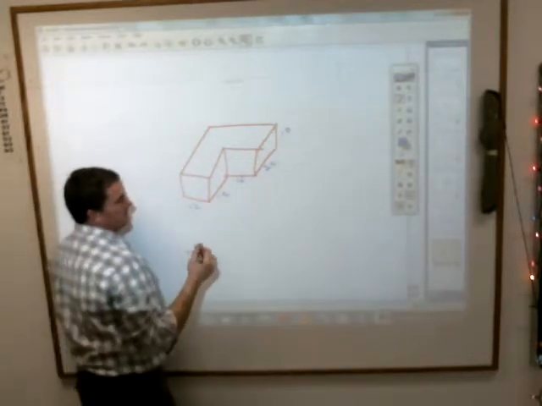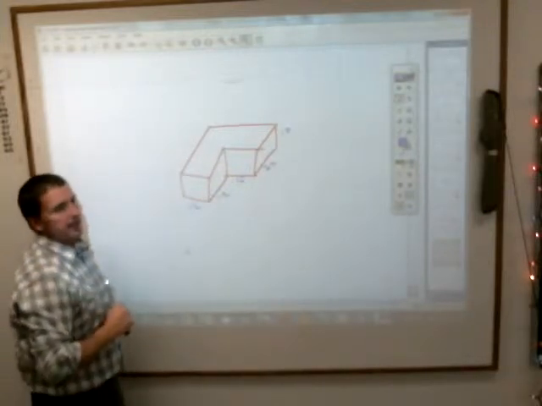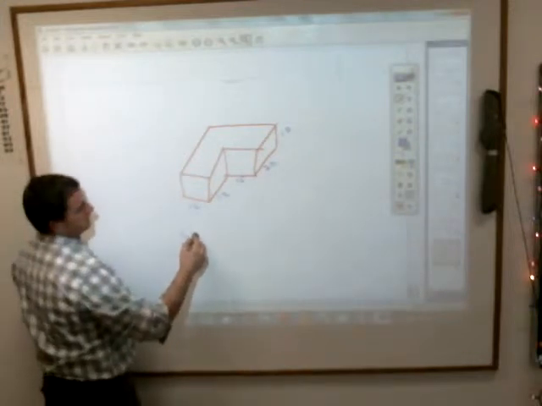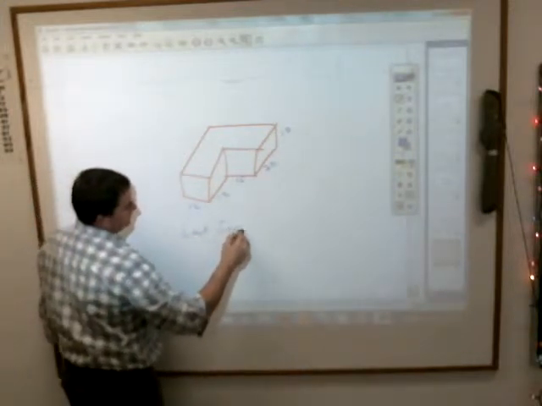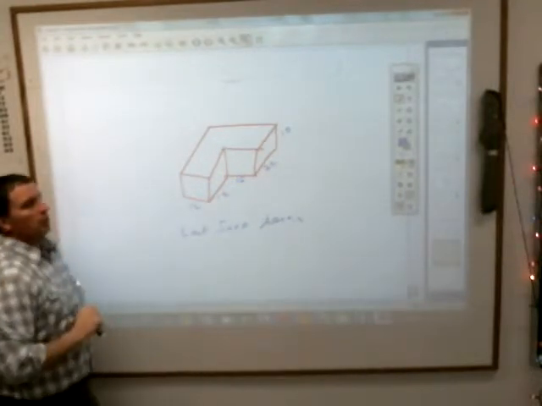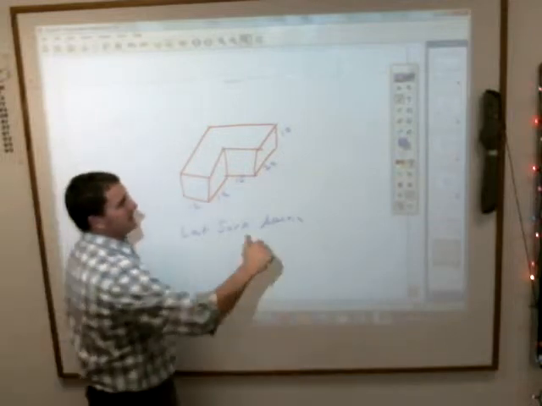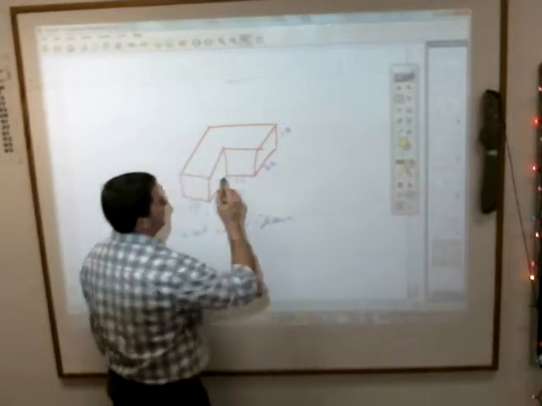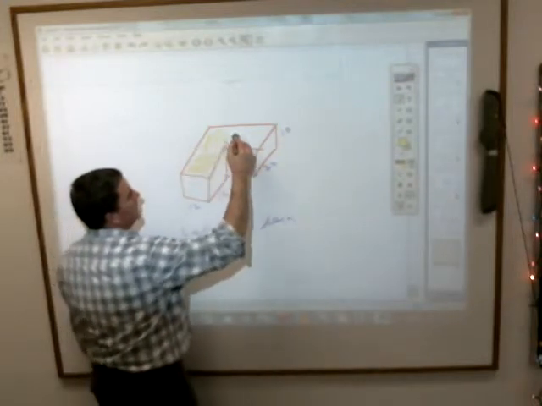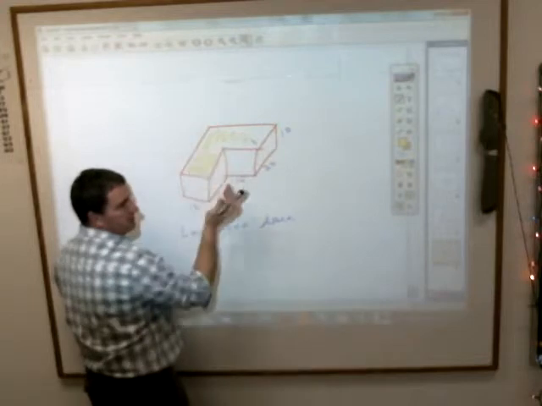Now, let's just throw this at you here. We're going to do lateral surface area. You can spend your whole life multiplying and finding all the area of the sides. When we do lateral surface area, we're not including the area of this top L shape, and we're not including the area of the same L shape that's on the bottom.